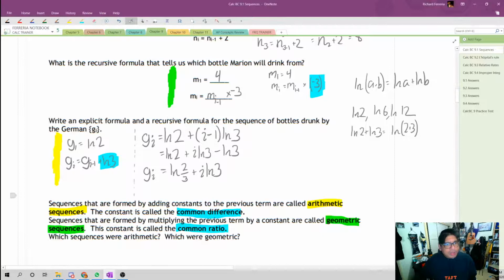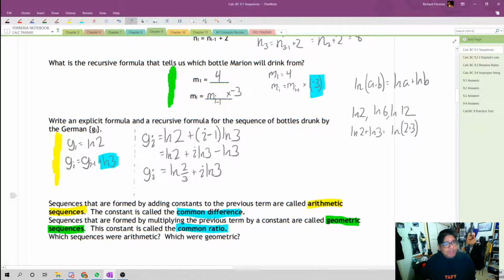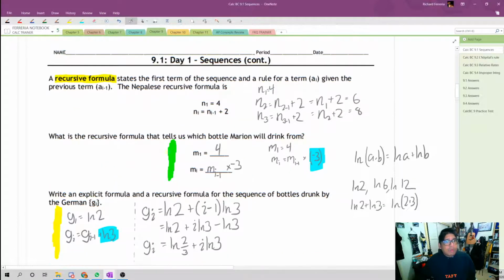Probably the arithmetic sequence that's easiest to think about is the one over here with the Nepalese. So for the Nepalese, this is an arithmetic sequence, and the common difference is a positive 2.